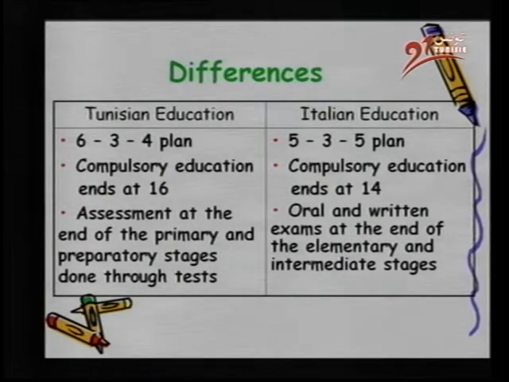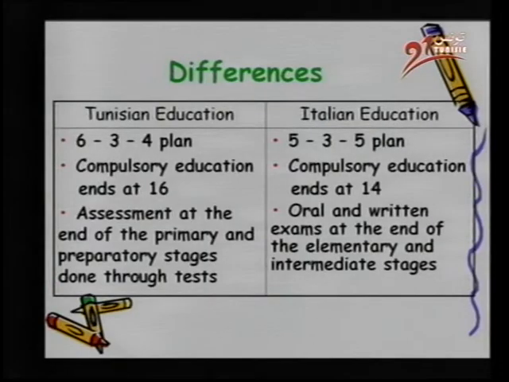This means that they stay at primary school for 5 years, at intermediate, primary or elementary, as it is called in Italy. At intermediate school they have to stay for 3 years, and at secondary school they stay for 5 years.